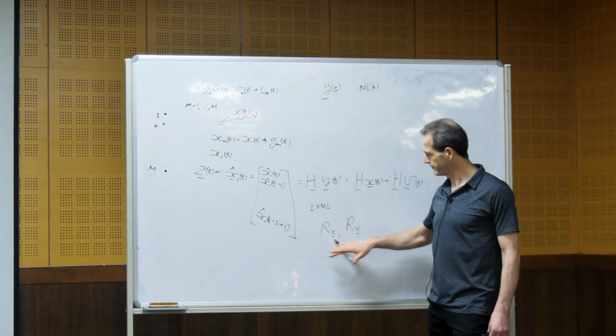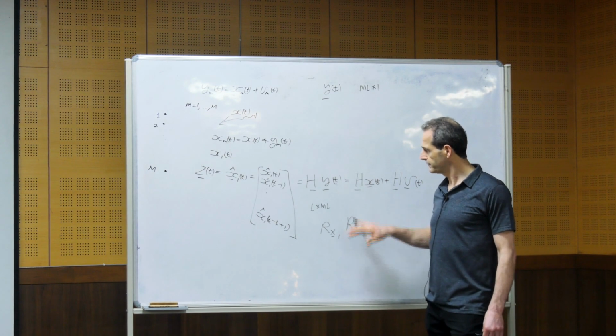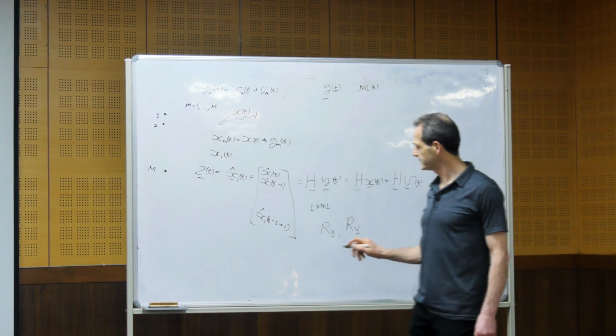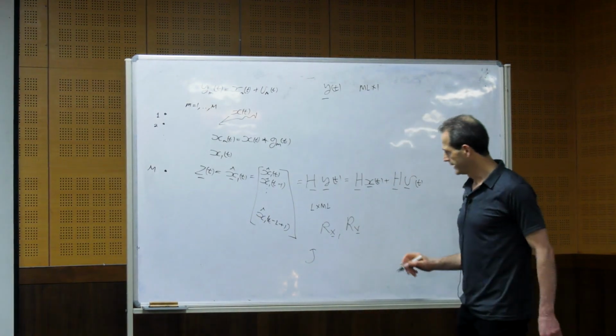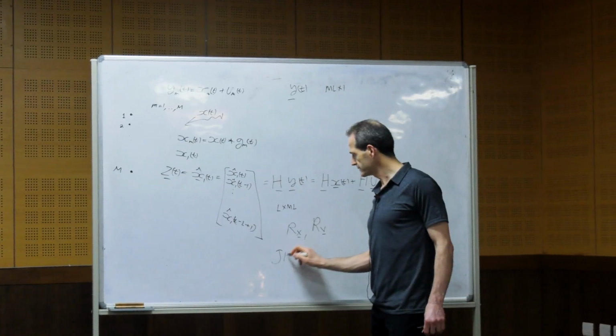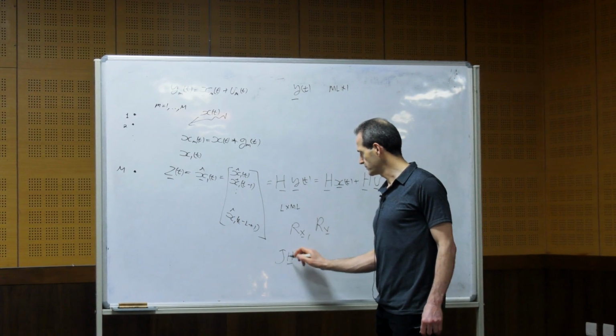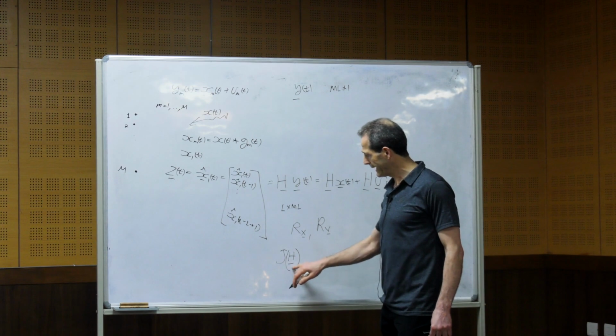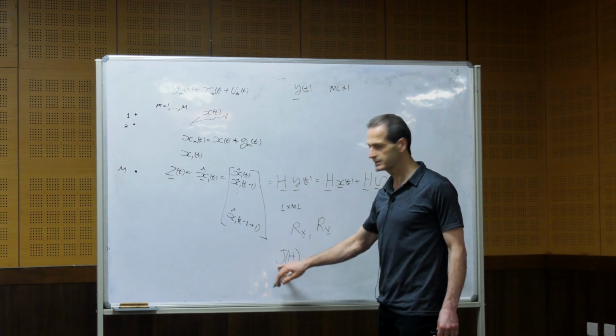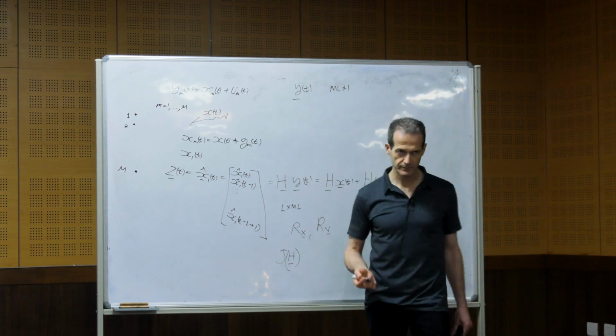Okay, so if we have this, we can define the mean squared error as a function of H and try to find H that minimizes this mean squared error.